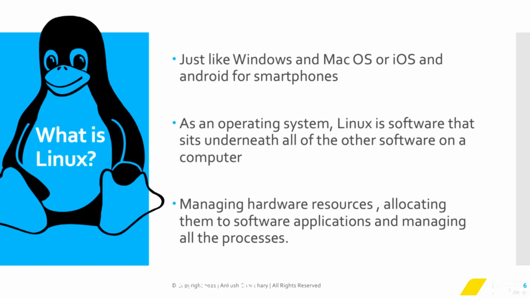All those different applications require hardware resources to run. So to manage all those hardware resources and to allocate them, that this software requires this resource right now, it does not require that, all the management of all that hardware resources is done by the operating system. So the operating system is a very important software in a computer.